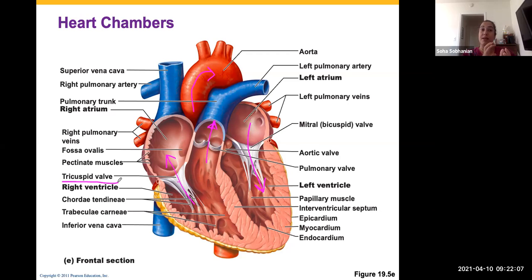Tri implies 3 cusps or 3 flaps. The one on the left-hand side only has 2 flaps, so I call that either the bicuspid valve, bi as in 2, or a more known name might be mitral valve. So that has an additional name.